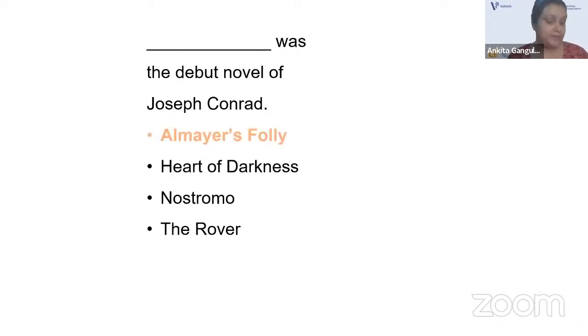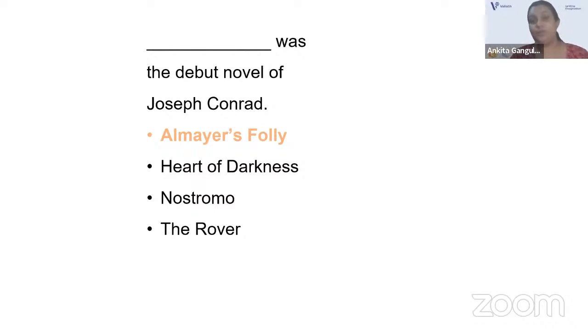It was published in 1895 by T. Fisher Unwin. Set in the late 19th century, it centers on the life of the Dutch trader Kaspar Almayer in the Borneo jungle and his relationship to his mixed heritage daughter Nina.